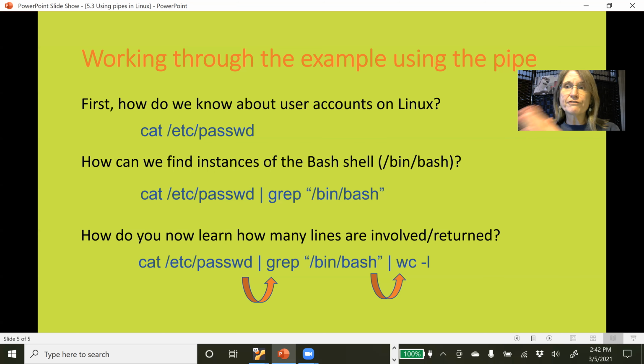So now we have filtered down that output to only those lines referencing the bash shell. We're getting closer. How now can we count those lines? And the wc command, word count, has a flag -l, which will help us out.